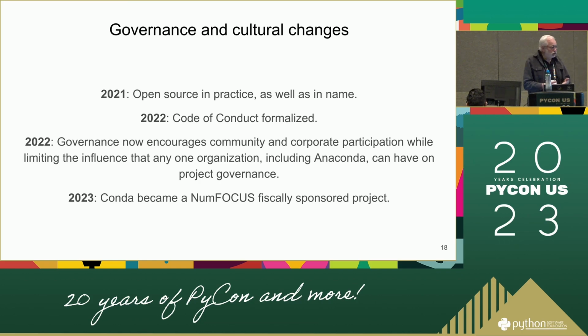So I'm the community manager, and in that role, I've taken on a bunch of stuff. A bunch of stuff happened before I started, okay? This is an indication of what's going on in Conda in the big picture. So in 2021, and I've only been there 16 months, so keep that in mind, the core Conda engine became open source in practice as well as in name.